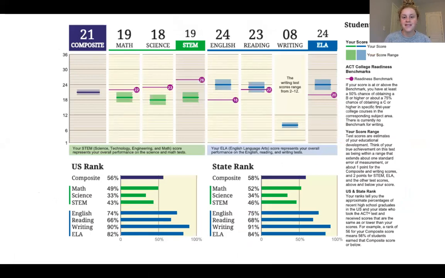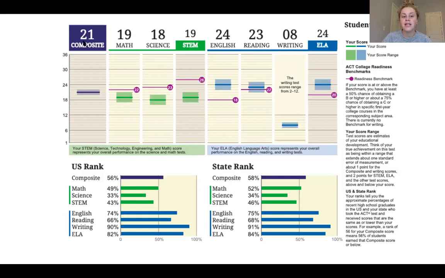And to start off, this is not a Northwest student's ACT score report. This is an example that I found on the ACT website. So to start off, in this top left-hand corner, you will see a number and the word composite. If you have heard from friends or family that they got a 21 on the ACT, this is what that means.